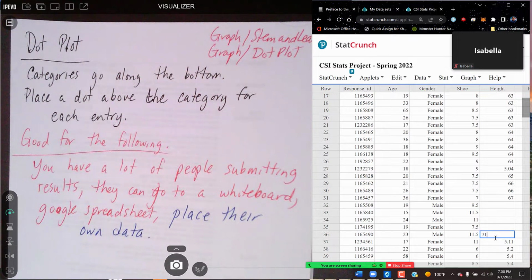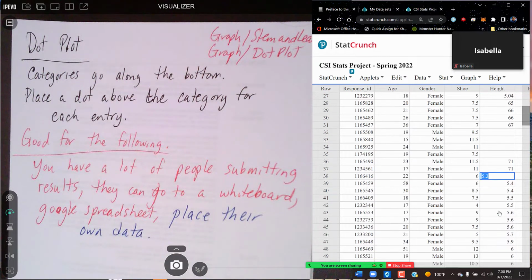5'11" is 71. Here I can tell they actually did it wrong. You can't get 5'20", so this had to be a 62.